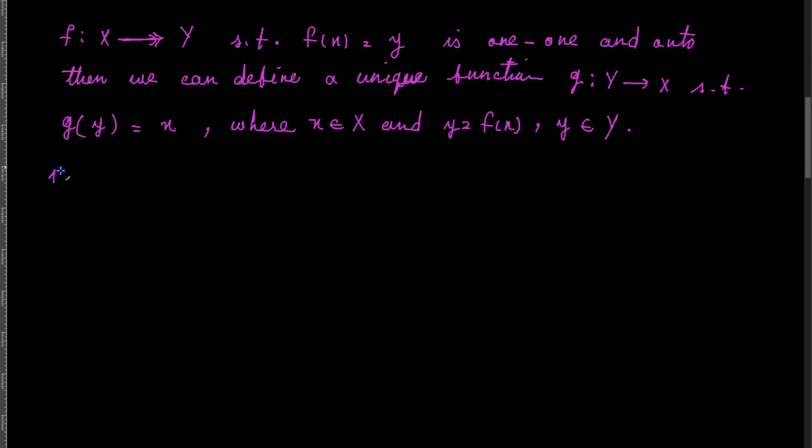Now here you can say that the domain of g, which is basically this function here, the domain of g, as you can see, is Y, which is the range of f.